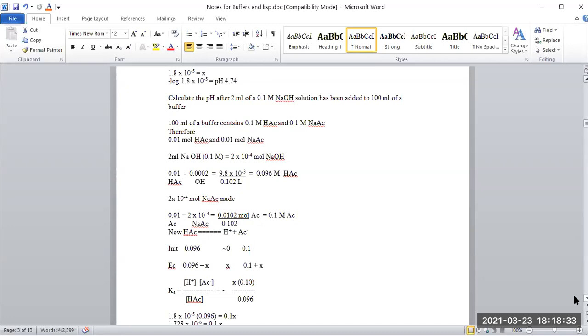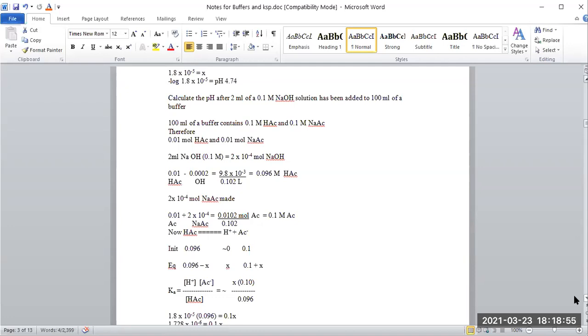This time around, I have a little more information. I know how much sodium hydroxide I'm adding. I'm adding 2 mils, but my buffer has a volume of 100 mils. I need a little more number crunching involved here.